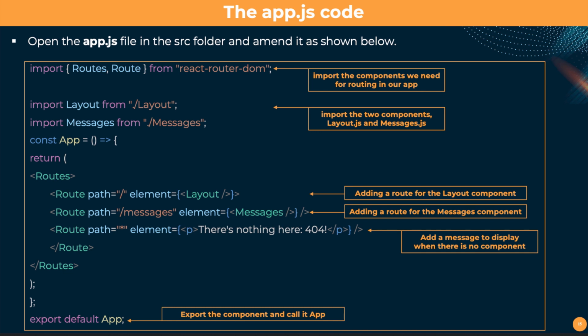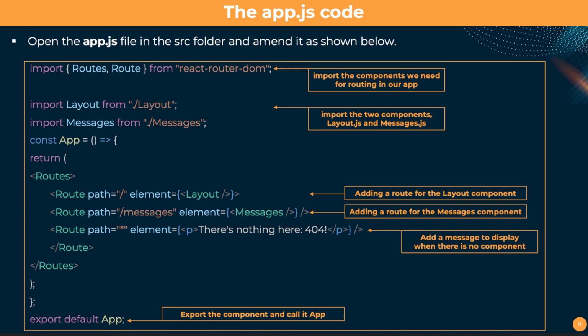If the path is /messages, then we want the messages component to display. And the third one is the catch-all really, and it says if the path is anything else, then we want to simply put out a paragraph saying there's nothing here, and then 404.